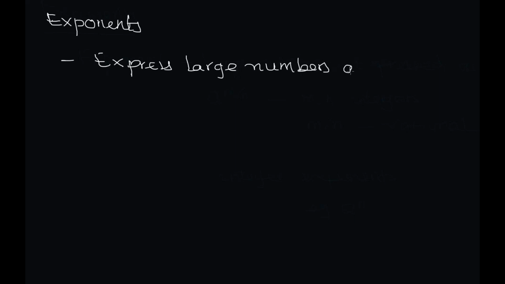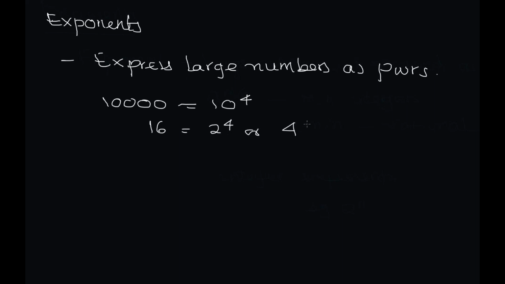So to start with, what are exponents? Where do we use exponents? Exponents are used to express large numbers as powers of smaller numbers. For example, we have 10,000. This can be expressed as 10 power 4. If we have another number, let's say 16, we can express this as 2 power 4 or 4 power 2.